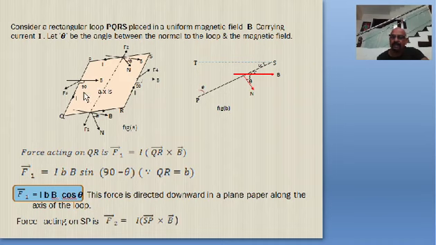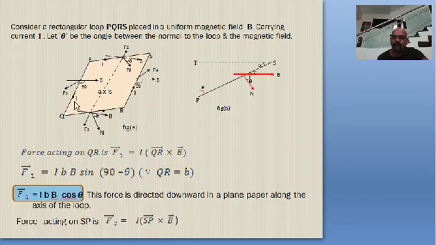It is 90 degrees. Because it is 90 degrees, the conductor will experience maximum force, and that force is F equal to ILB. Here I have to take L only, because PQ represents the length of the conductor. So ILB sin 90 is 1, ILB. Therefore F3 is equal to ILB.